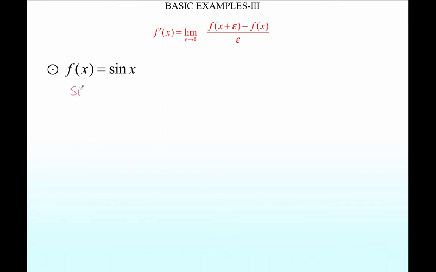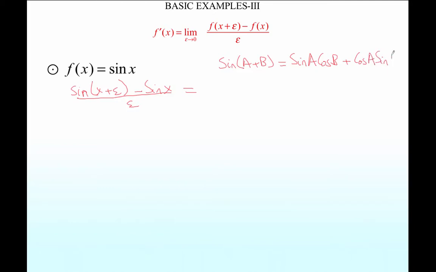Here we need the limit of sine of x plus epsilon minus sine of x divided by epsilon. And now I'm going to use a trigonometric identity. You've seen this before, that sine of a plus b is sine of a cosine of b plus cosine of a sine of b.